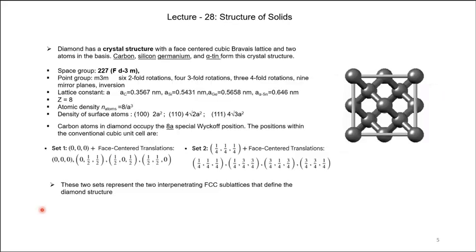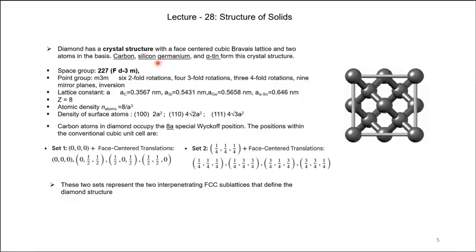We go to the next one. Here we are talking about the diamond structure. This is a ball and stick diagram of the diamond structure, and we call it a face-centered cubic Bravais lattice with a two-atom basis, which we discussed in the last slide.